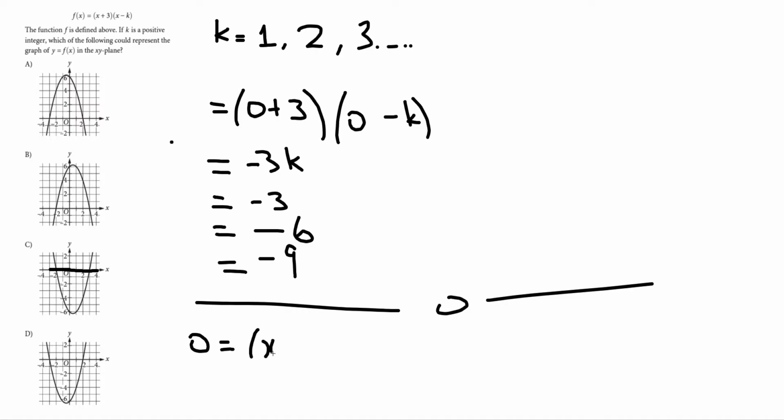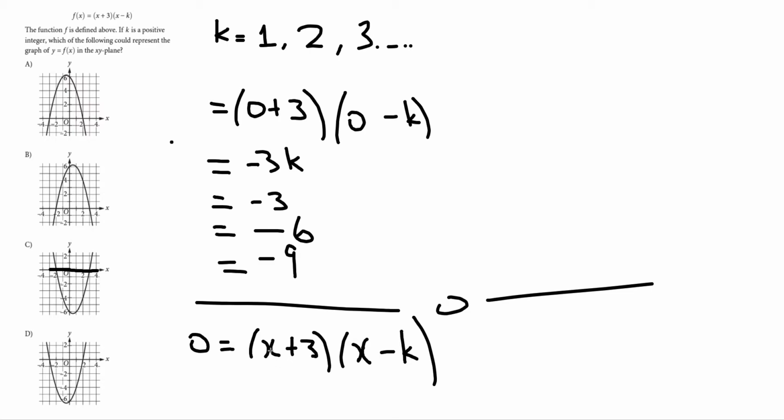So if you plug in y as 0, we have something that looks like x plus 3 times x minus k. For this to be equal to 0, I can already see a possible x value that would make this expression 0.